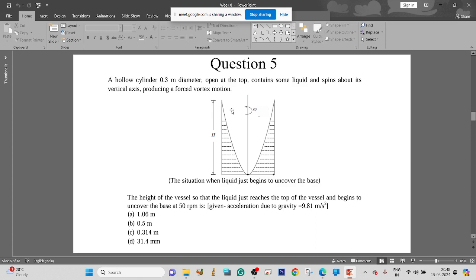Okay, I think we should proceed with the solution now. As I've already said, we'll be using this equation because the Bernoulli equation won't be applied here, as it is a rotational flow.